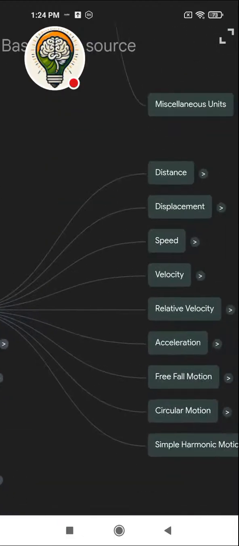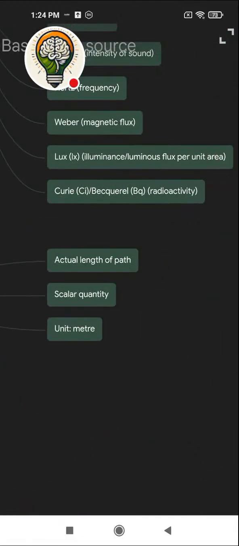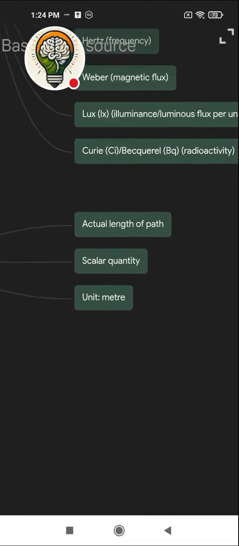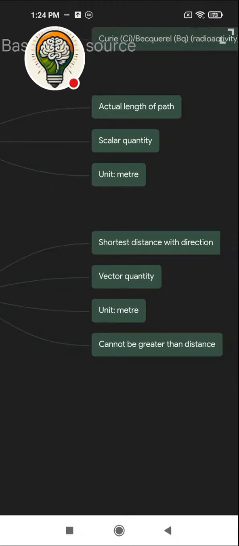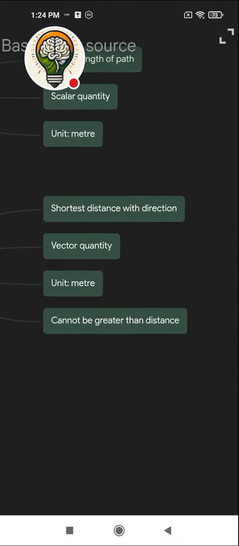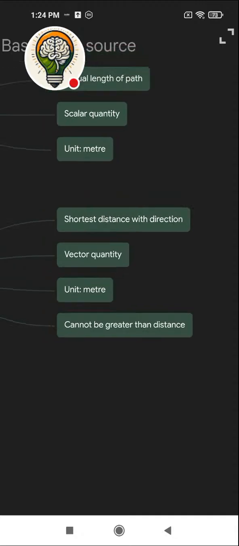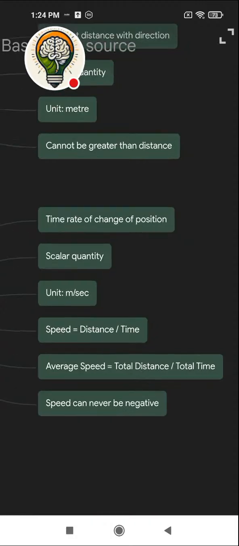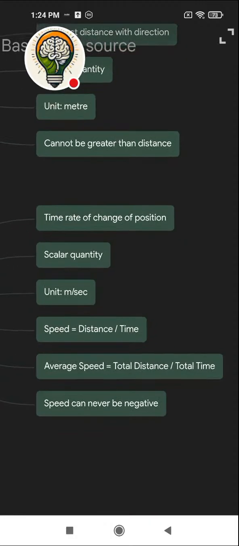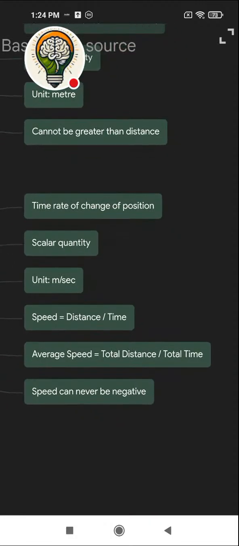So mechanics, the distance. So the actual length of path, scalar quantity, and unit is meter. So displacement is the shortest distance between two points with direction, vector quantity, and unit is meter, and it cannot be greater than distance. And speed is the time rate of change of position. So scalar quantity, meter per second, and distance by time.